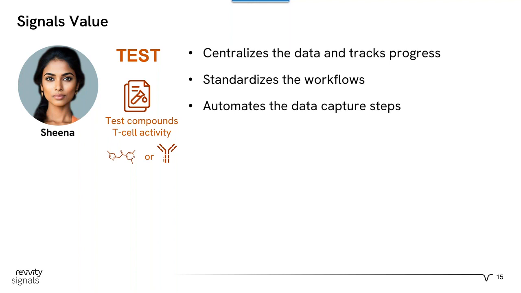It walks her, or anyone on her team, whether she's in San Francisco or teammates are in New York, through a standardized process to capture that data and spit out the report back into the notebook for data analysis and communication.